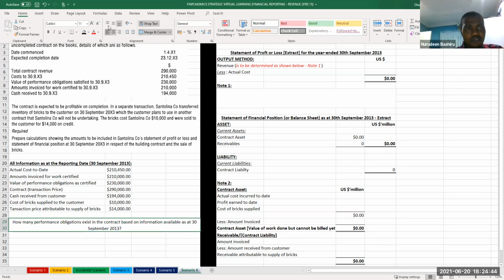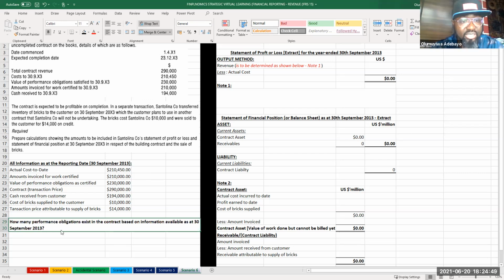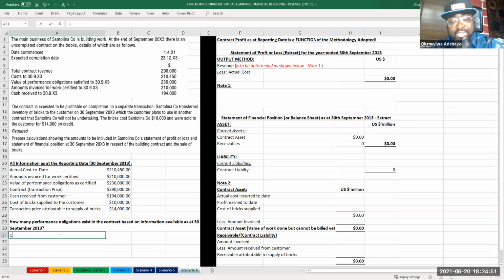I believe we have two. Okay, at the inception of the contract, how many do we have? At the inception of the contract, we had just one performance obligation, which is construction. Construction, yes. Of an asset.